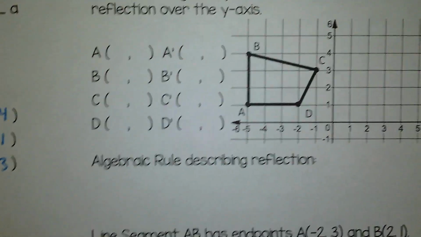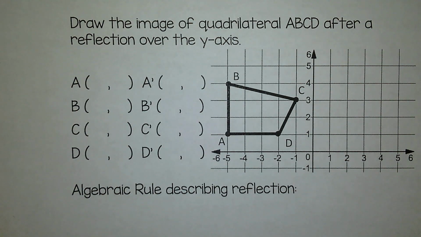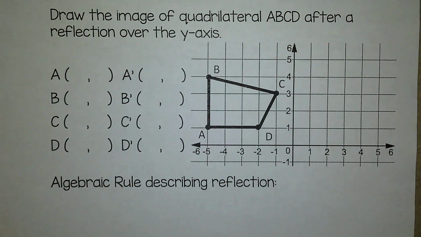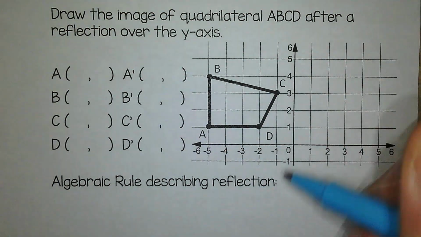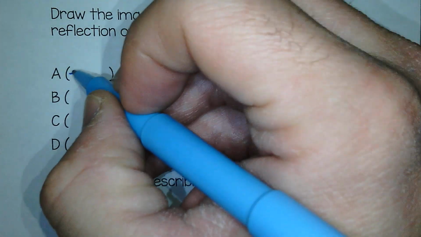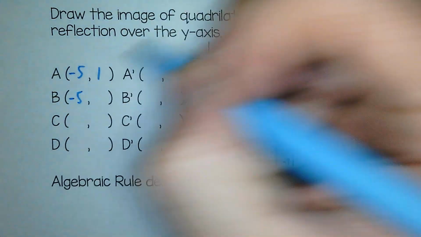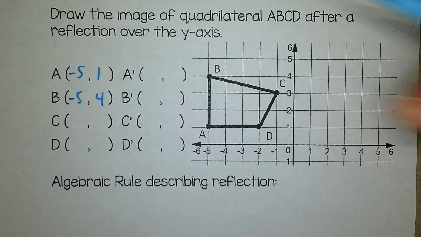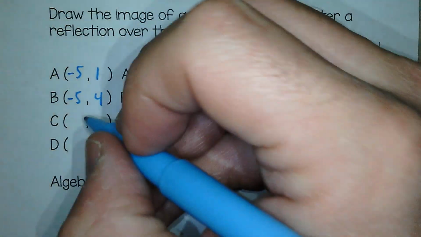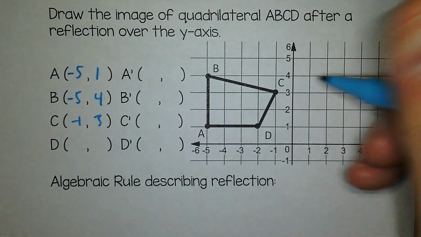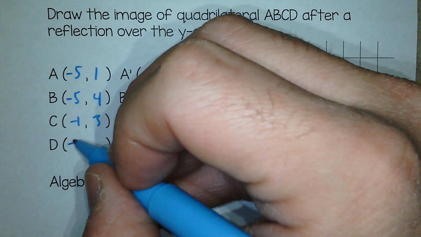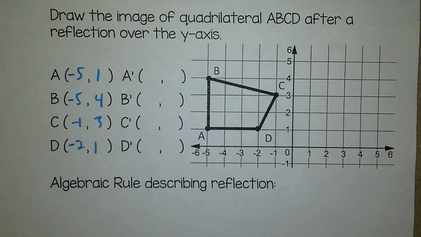So now let's do a practice. We draw the image of the quadrilateral ABCD after reflection over the y-axis. So we have to plot ABCD first. A is (-5, 1), B is (-5, 4), C is (-1, 3), and D is (-2, 1).